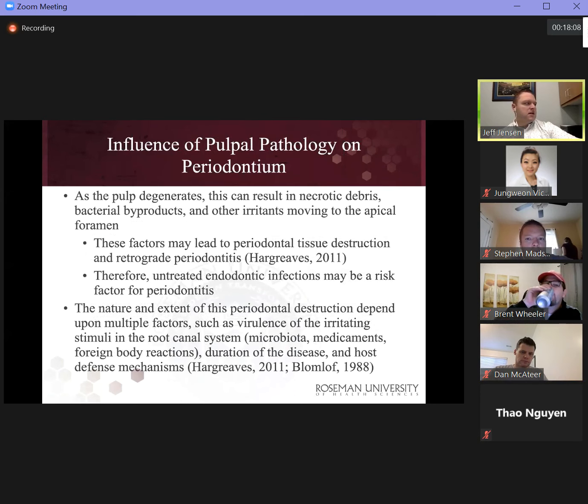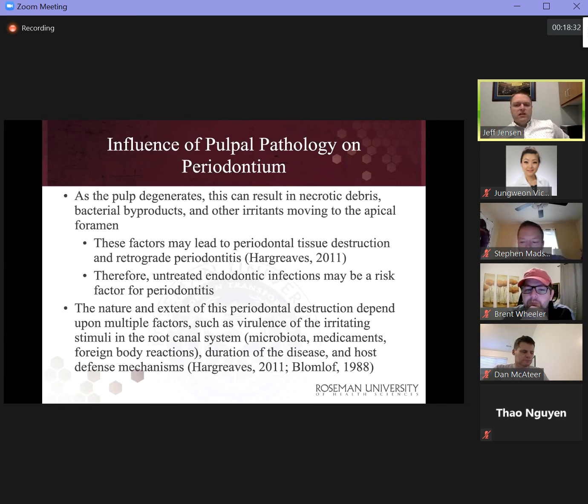So now we're going to talk a little bit about the influence of pulp pathology on the periodontium. So we know that when we have a problem in the pulp, so we have some sort of infection or insult to the pulp, we can begin to see necrosis of the pulp and of that tissue.